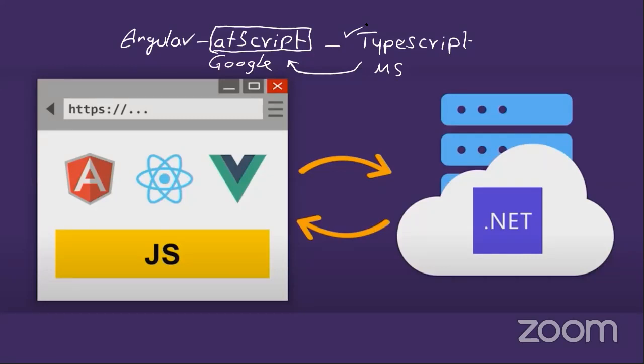So Google started Atscript for Angular, for building single page and progressive web applications, but they saw that Microsoft already has such a language called TypeScript. That's the reason Google now uses TypeScript as the language. And TypeScript was developed by the same person who developed C#.